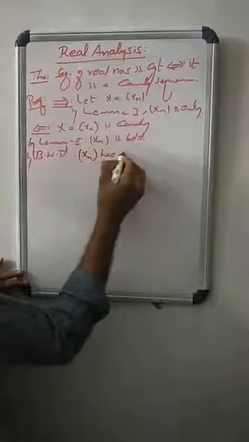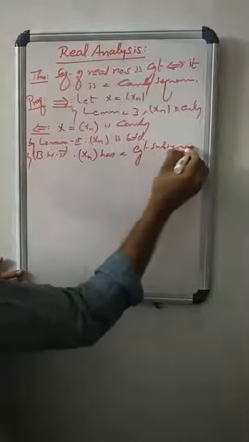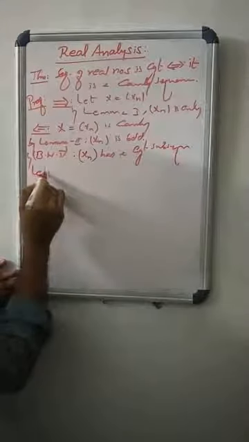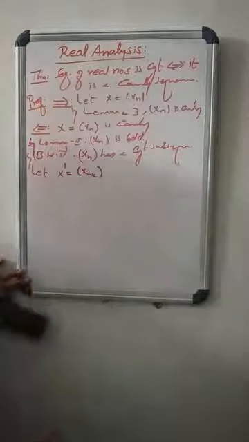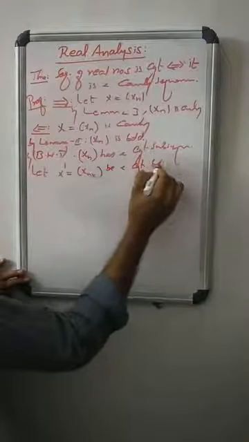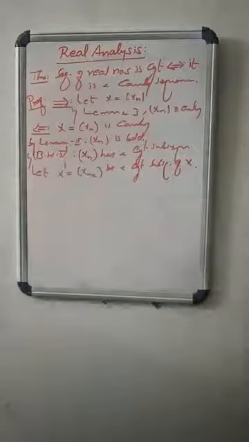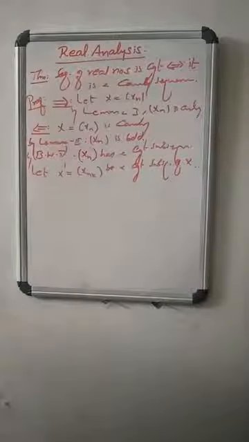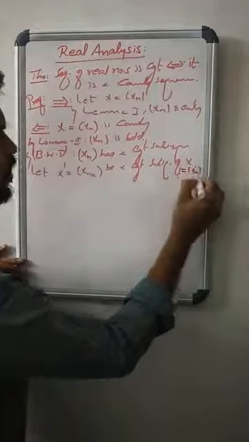Let X' equals (xnk) be a convergent subsequence of X equals (xn).